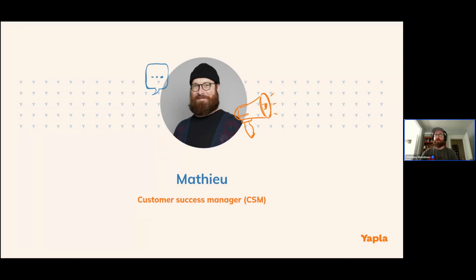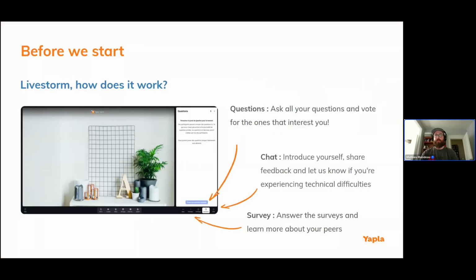So today we'll be focusing our presentation mostly on events, but before that, I'm just going to give you a quick overview of the interface that you're using today to watch this webinar. At the bottom right corner of the screen, you'll see three tabs: questions, chat, and survey.